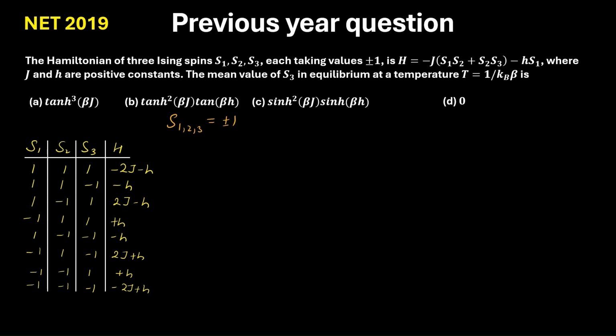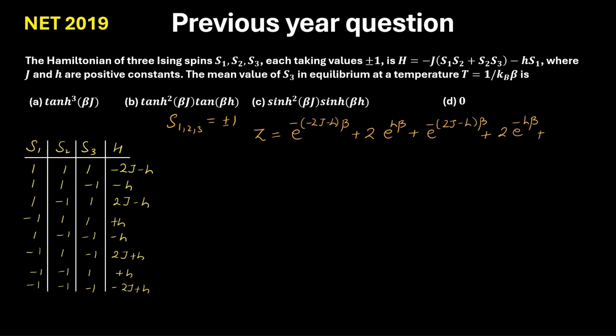So the partition function Z will be equal to e to the power minus of minus 2J minus h times beta, plus, so minus h has degeneracy of 2, so 2 times e to the power h beta, plus e to the power minus 2J minus h times beta, plus, and plus h has a degeneracy of 2, so 2 times e to the power minus h beta.